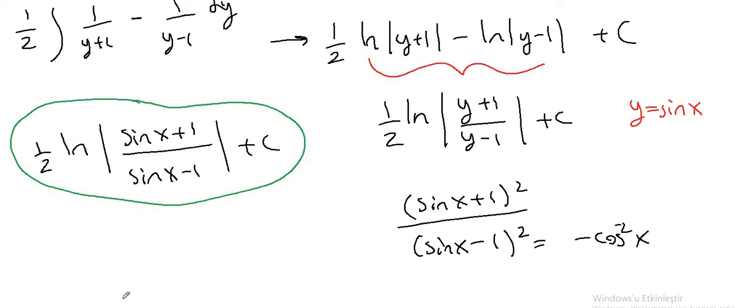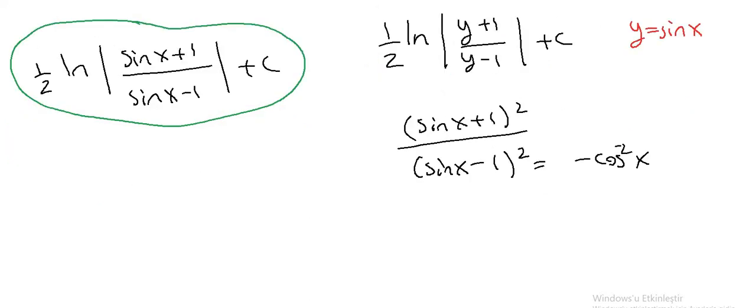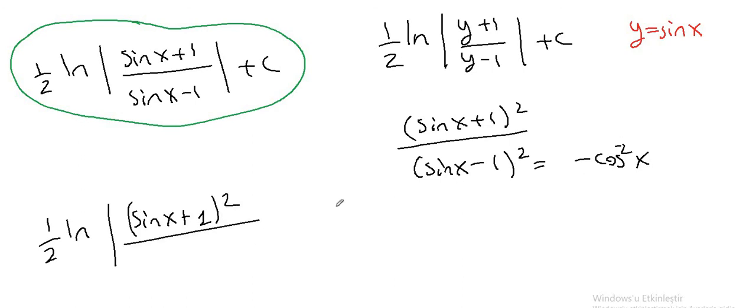And if we rewrite everything, we have 1/2 ln of sine x plus 1, the quantity squared, over negative cosine squared, which is positive cosine squared, because any negative value squared will be positive. So we can express it as cosine squared of x.